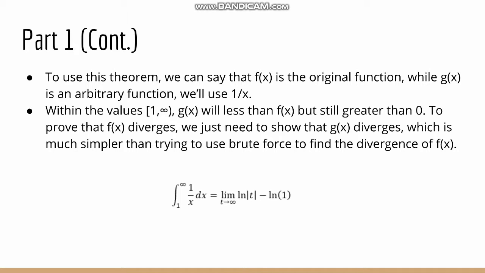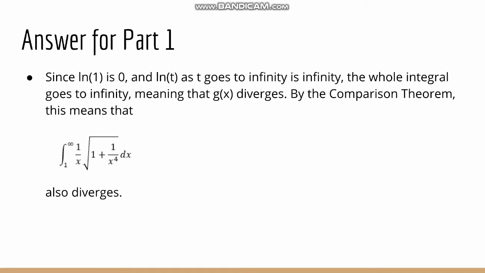And so we just solved this integral, which we got to be the limit, as t goes to infinity, of ln of absolute value of t, which will just end up being infinity, minus ln of 1, which is 0, is infinity. So we know by the comparison theorem that this integral is greater than the last integral, so that means that this must be divergent.